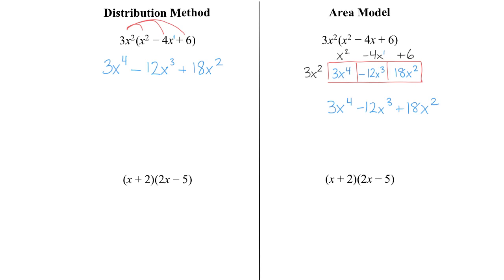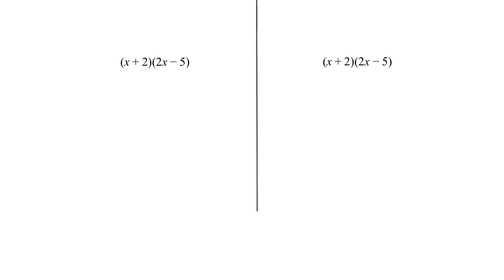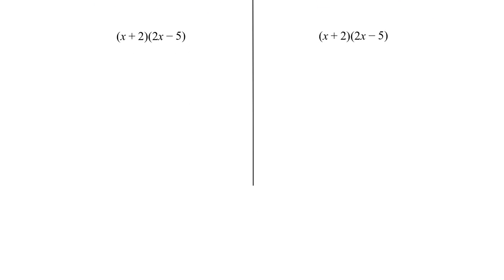All right, so let's look at ones that have two binomials instead of a monomial times a polynomial. Distribution method first. So with the distribution method, we're going to multiply the x times everything in the second polynomial, and then we're going to multiply the 2 times everything in the second polynomial. So this looks like this.